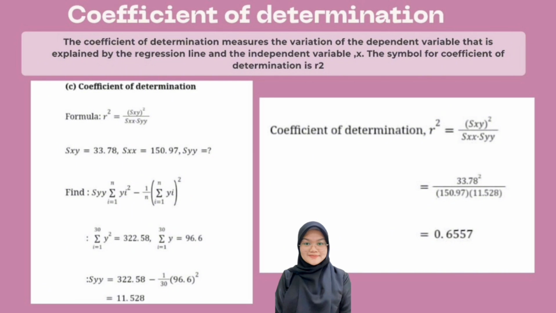To find the value of Syy, we use summation of yi to the power of 2 minus 1 divided by n times summation of yi, to the power of 2. We got the summation of yi to the power of 2 equals 322.58 and summation of yi equals 96.6.